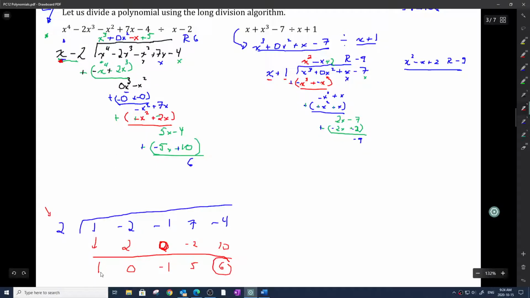Wouldn't it be nice if the first coefficient in our quotient was 1? And it is. So somehow this process, which is called synthetic division, is very quick, and it lets you perform division operations.